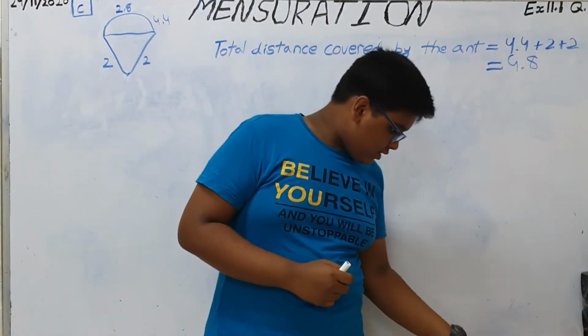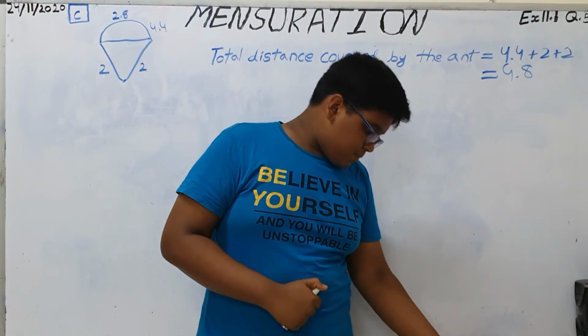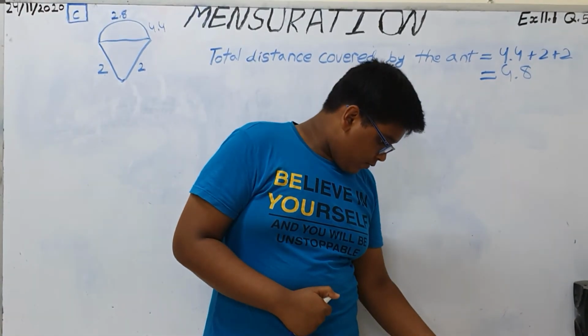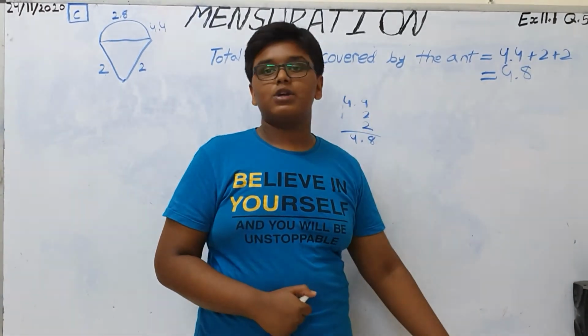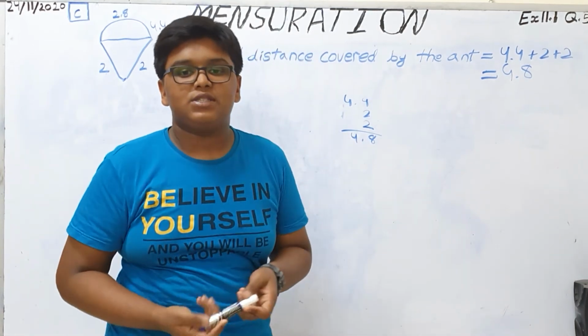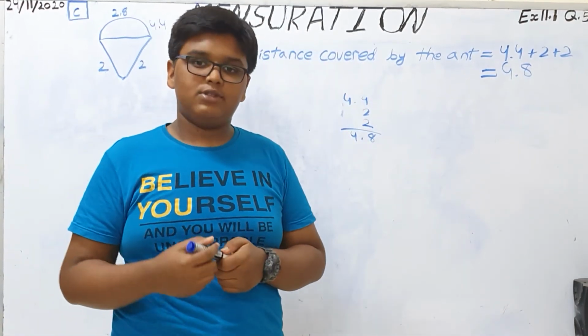Now in the question they are asking for which footpiece the ant would have to take a longer round. So for which footpiece did the ant take the longer round?